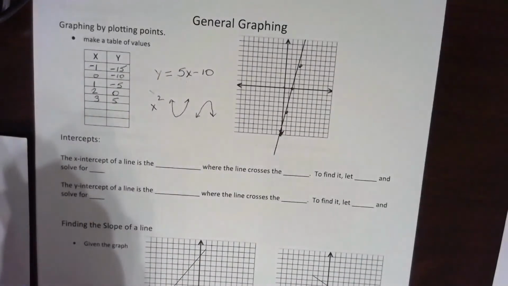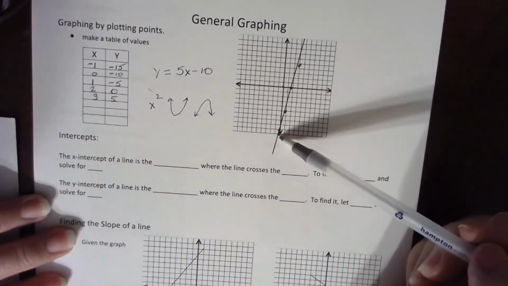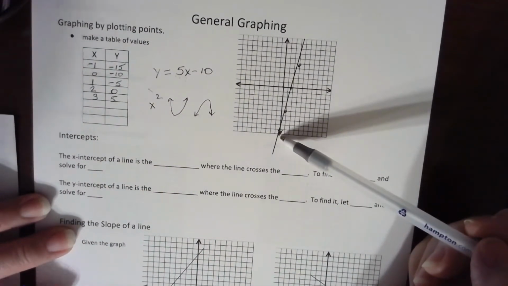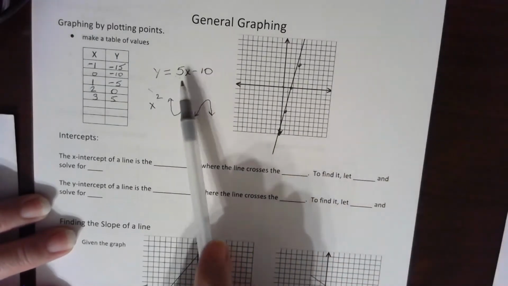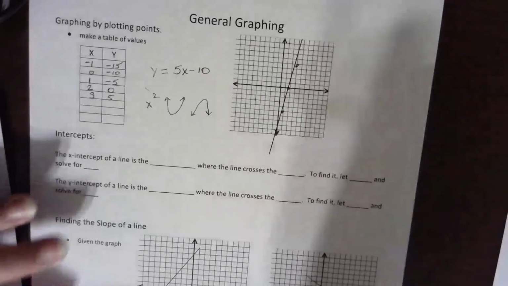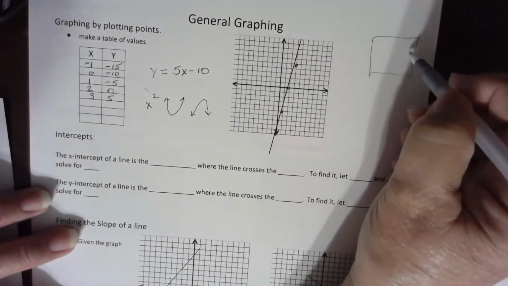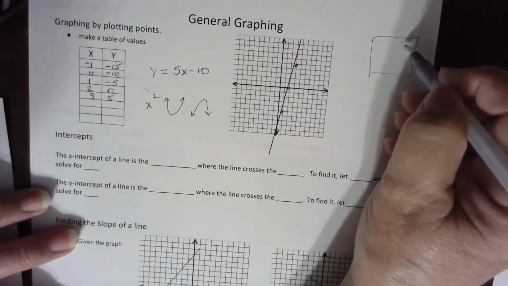Whenever you do this on MyMathLab, it doesn't allow you to plot all these different points. And so what you do for a line, on the graphing, you remember up in the right corner, there's a toolbox that lets you pick which one you want to do.